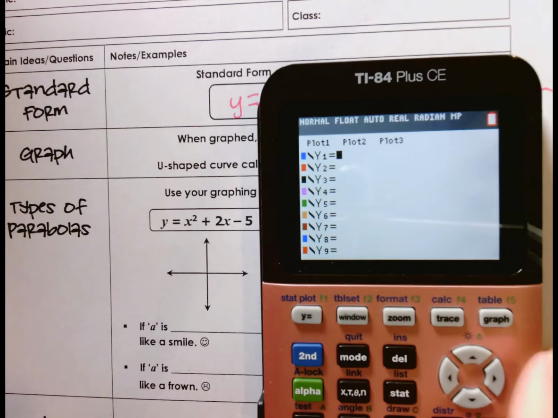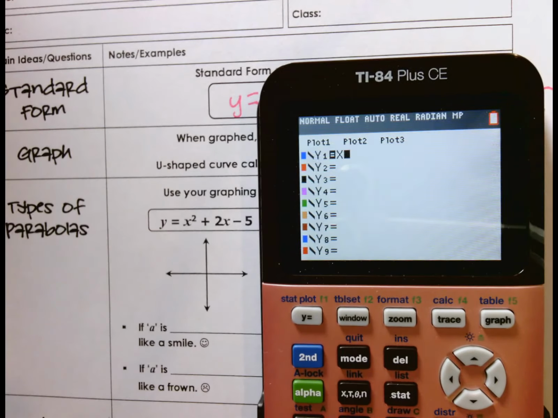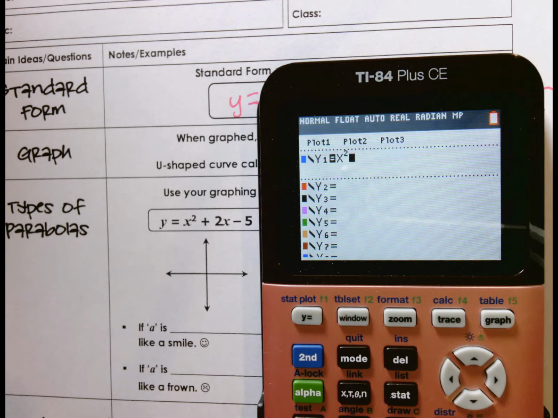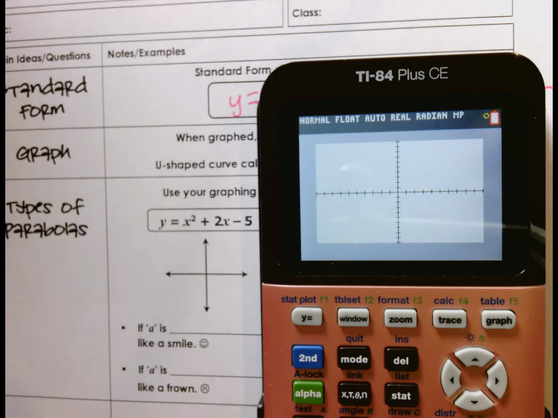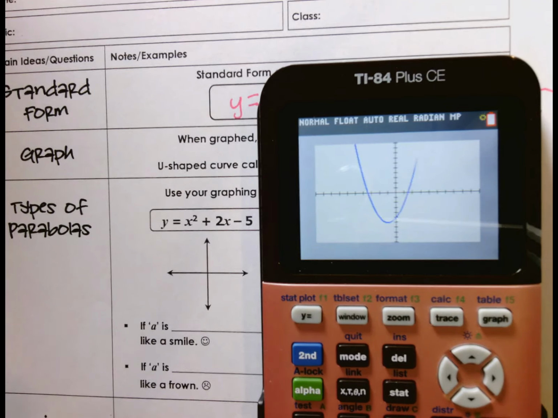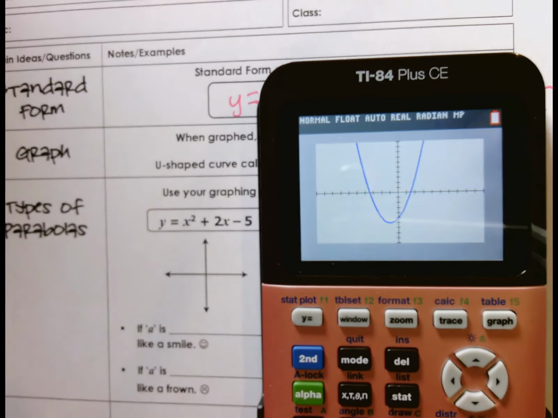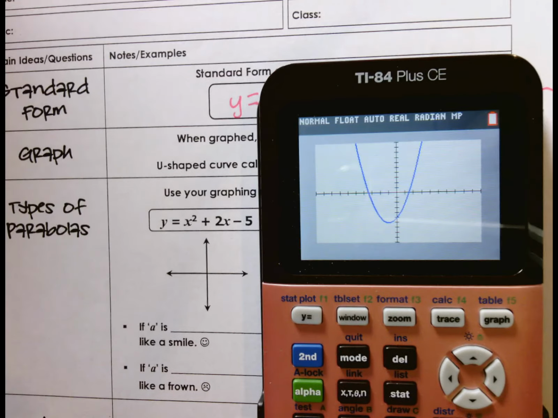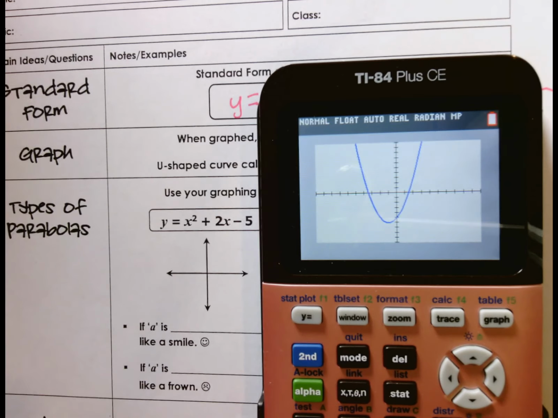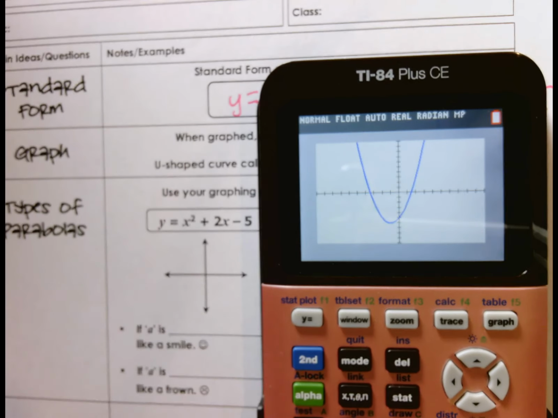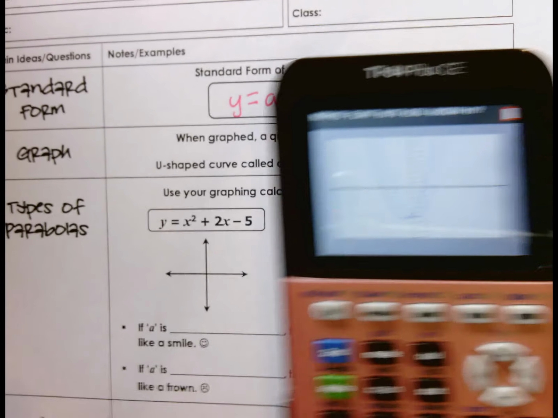We are going to plug in x squared plus 2x minus 5, and we're going to press graph. And you're going to see this graph on your screen, on the computer or wherever it is that you're looking, on Desmos or on a graphing calculator.